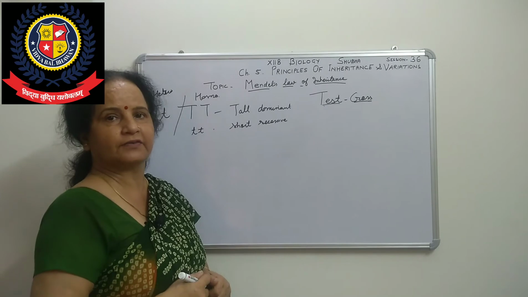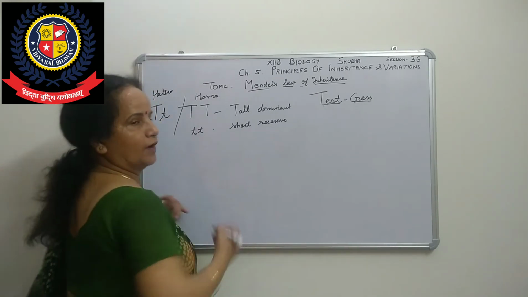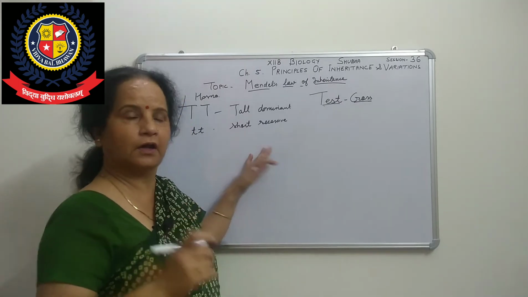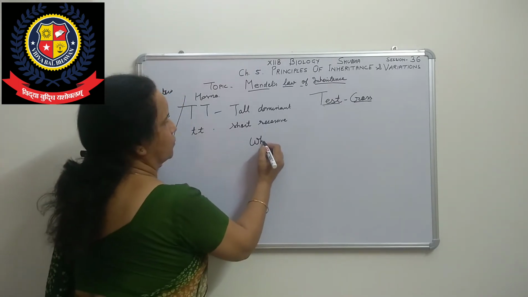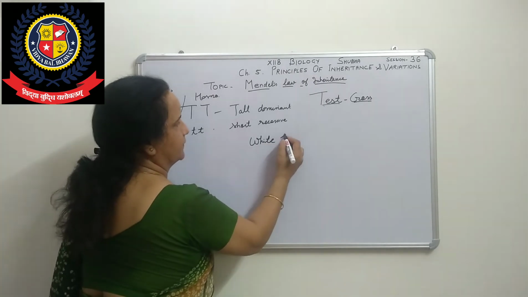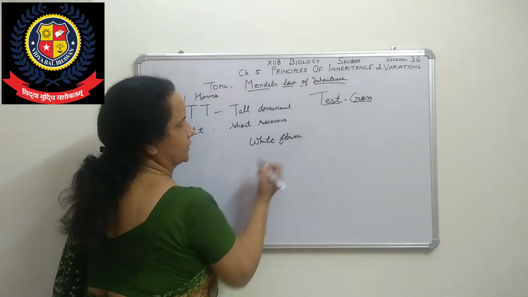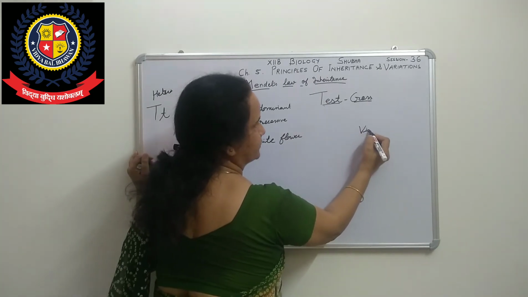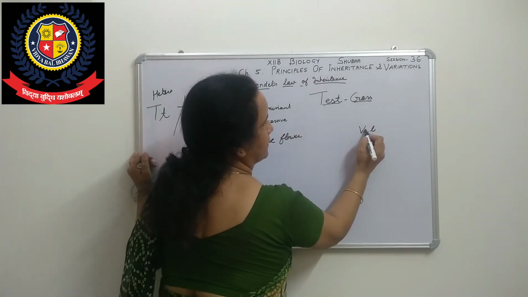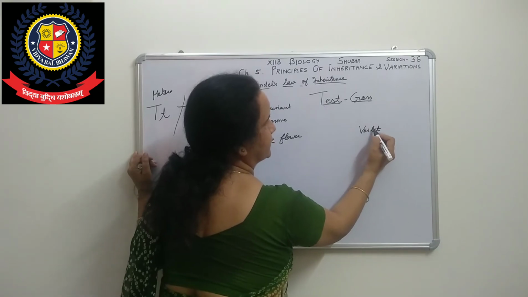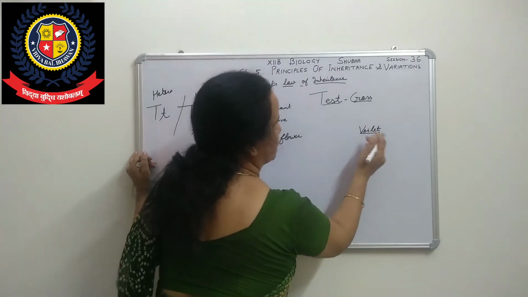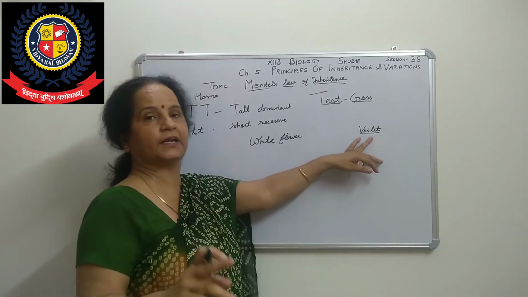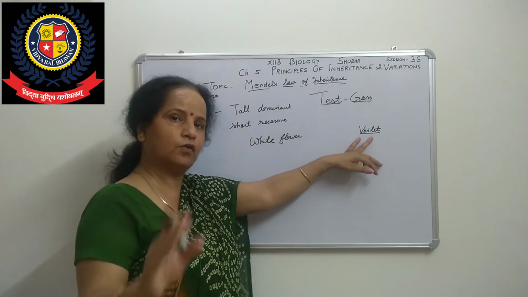Suppose there are two plants in the pea plant, Pisum sativum. A white flower is the recessive trait, and a purple or violet flower is the dominant trait. When we talk about the dominant trait, we do not know whether it is heterozygous or homozygous.